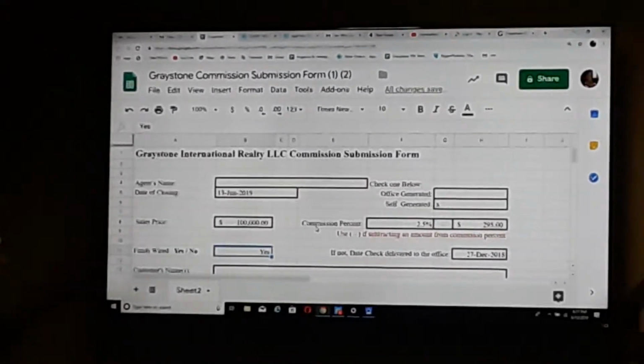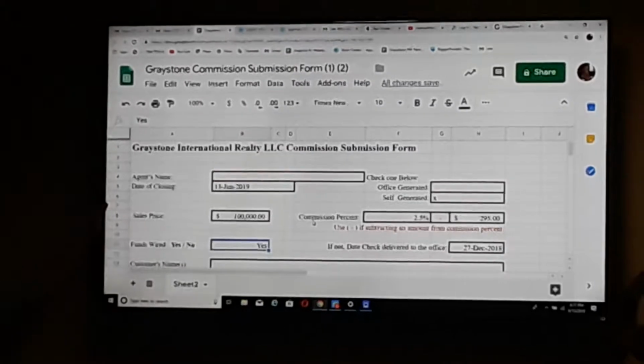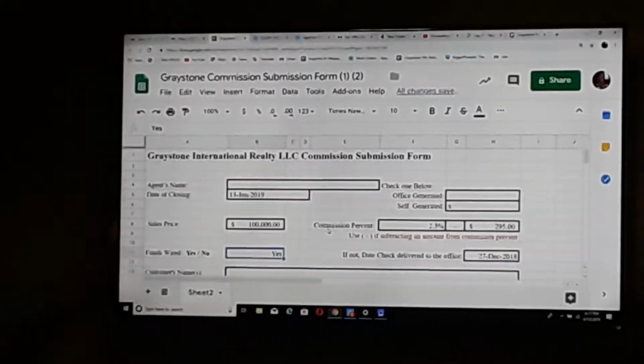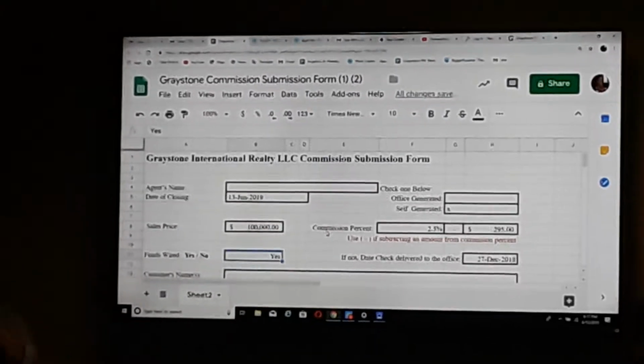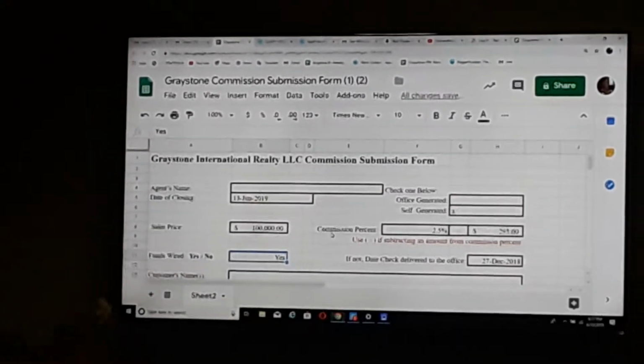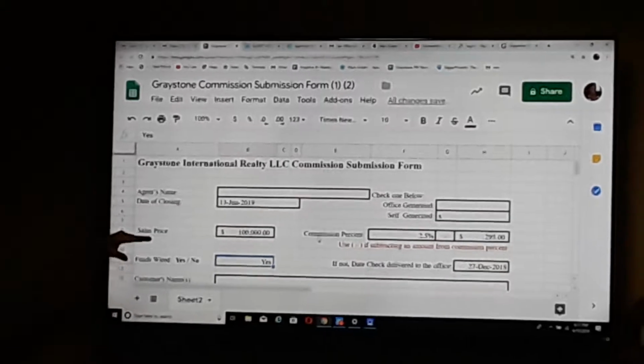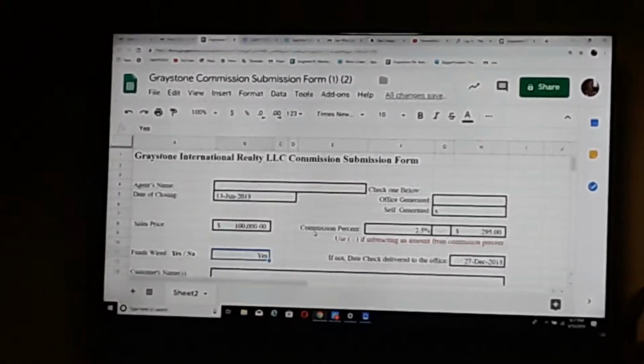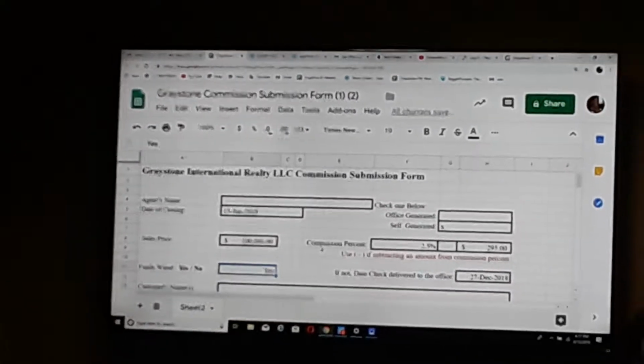All right, because when you sign your split commission agreement with Graystone, there's a clause that says that if you forget to put the MLS fee in the MLS, it'll be deducted from your commission. So make sure you always remember to put it in the MLS.